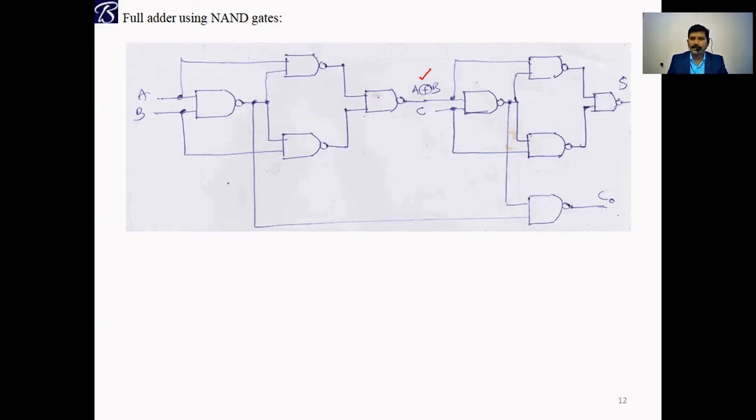That is a total of 8 NAND gates required to get the sum A XOR B XOR C. That is the first point. And if you take this point and this point, we take one more NAND gate to get C0. So in total, 9 NAND gates are required.